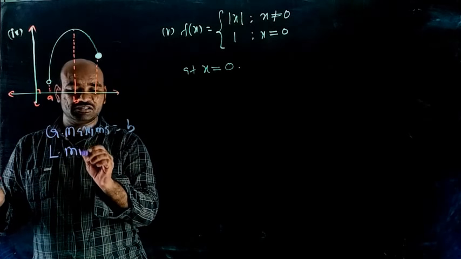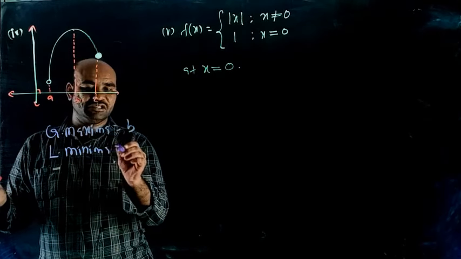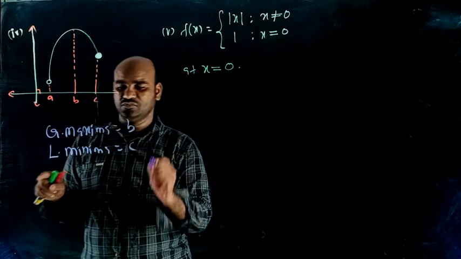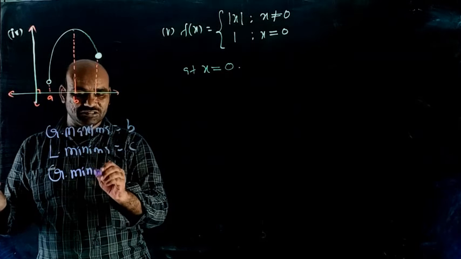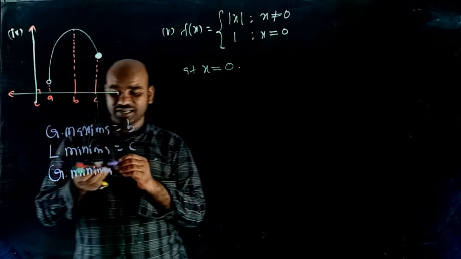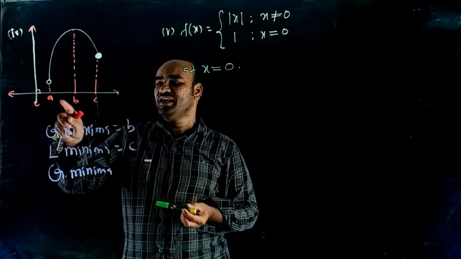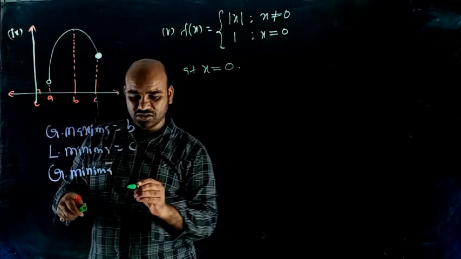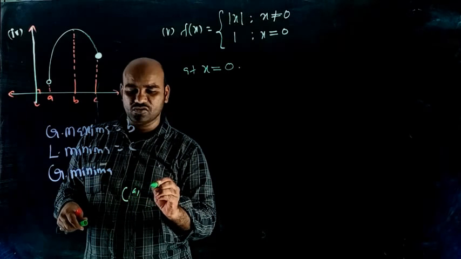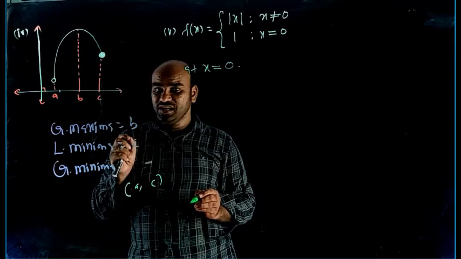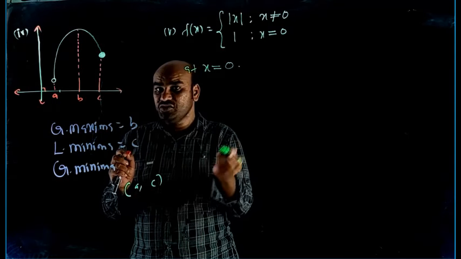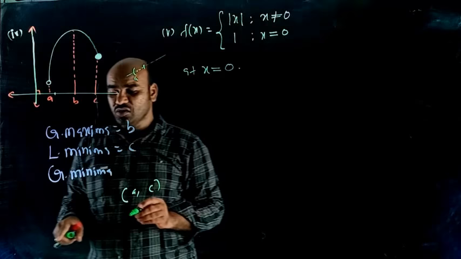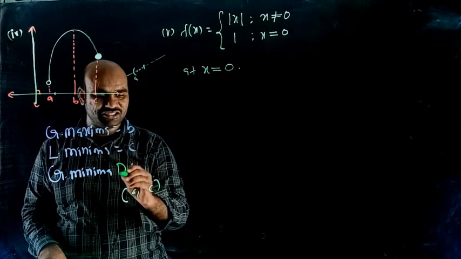Local minima is nothing but c. Global minima does not exist. Observe here, because a is not there in the domain. The domain is open a to closed c. Between a and a plus there are infinitely many real numbers. You don't know which one gives the minimum value. So global minima does not exist.